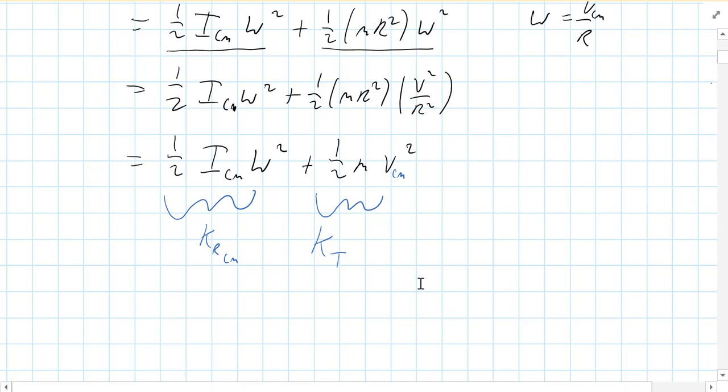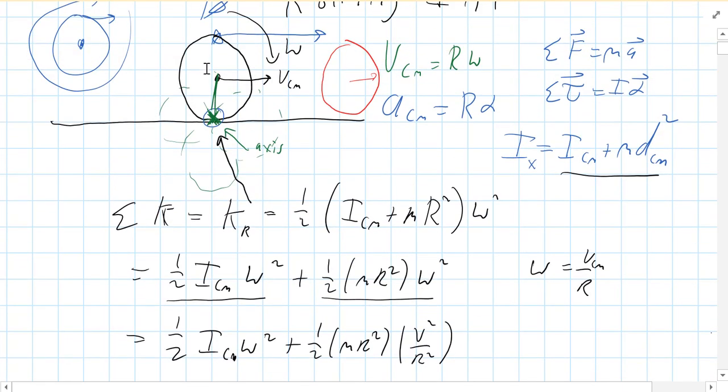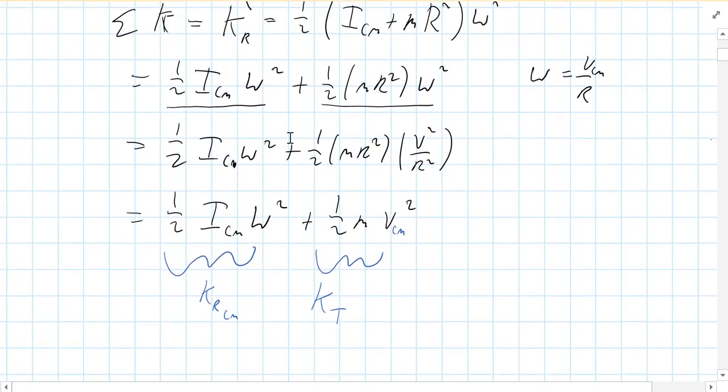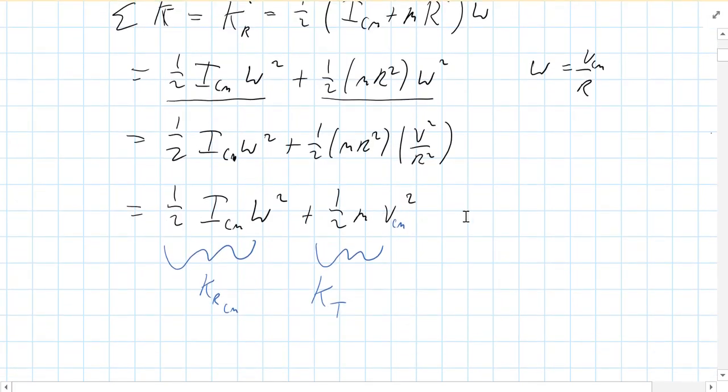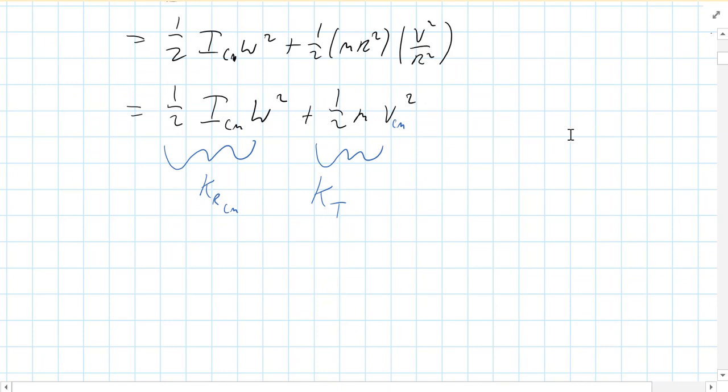So we're going to add up the effects of the spinning and the moving to the right. That's these two effects right here. So we can say that the total kinetic energy of an object is equal to its kinetic energy rotational about its center of mass plus its kinetic energy translational.